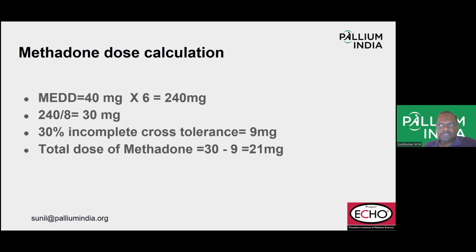Their potency and their combining capacity, all are different. So usually it is a dictum to reduce 30% of the total dose. So even though we got 30 milligram, we have to reduce 30% from this 30 milligram. So 30% of 30 milligram is 9 milligram. So the total dose of methadone required would be 21 milligram. Okay.